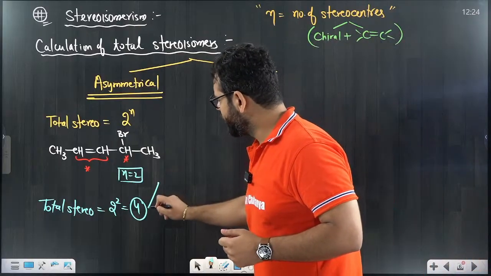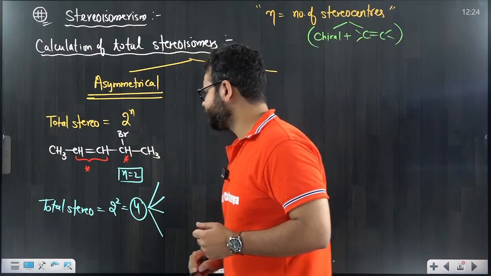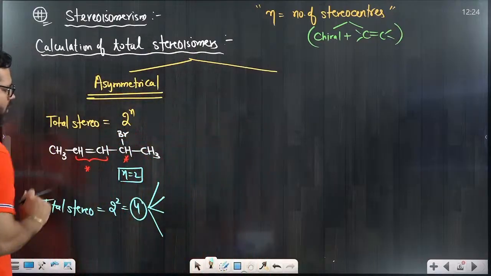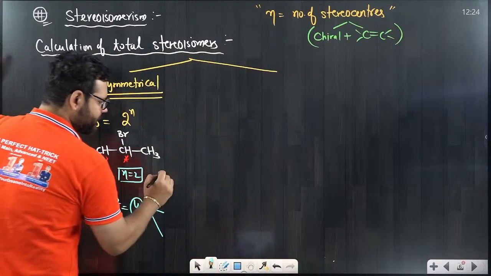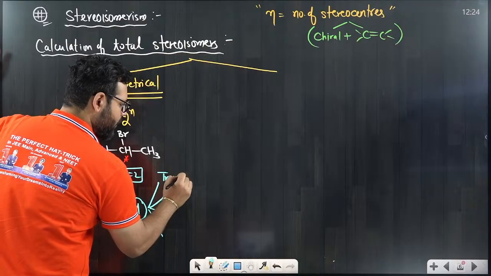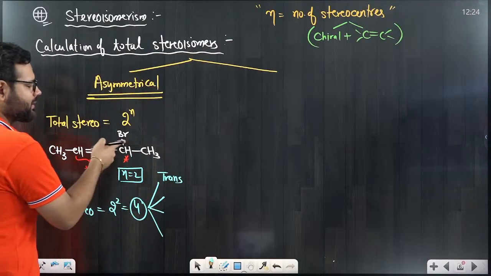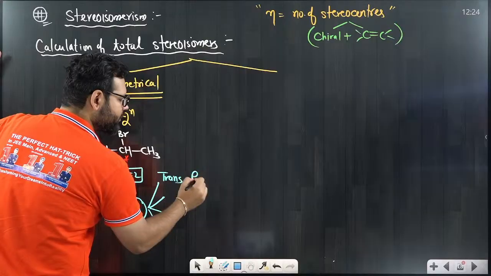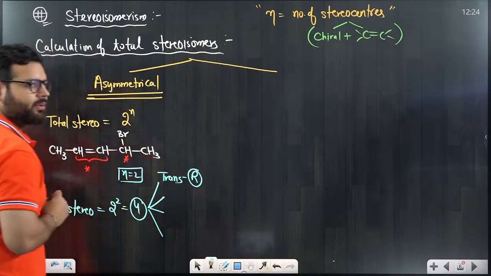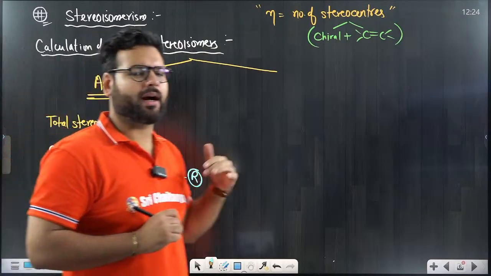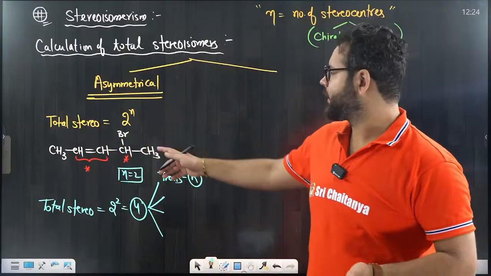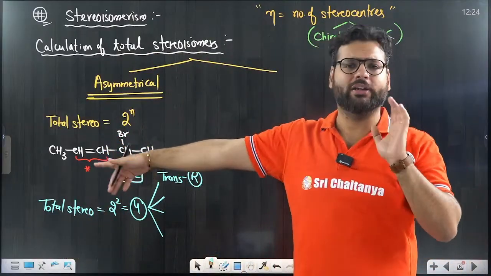How will you check their configuration? See beta, this pi bond can be trans, and this carbon can have R configuration. So trans and R is one possibility. It is obviously optically active because there is a chiral carbon.